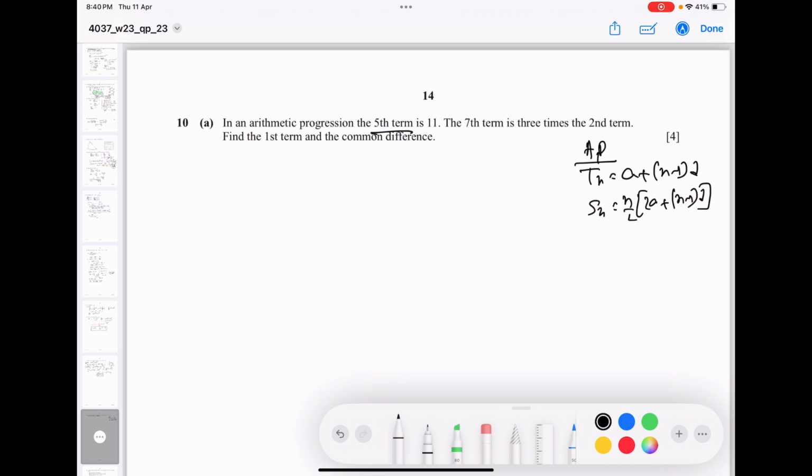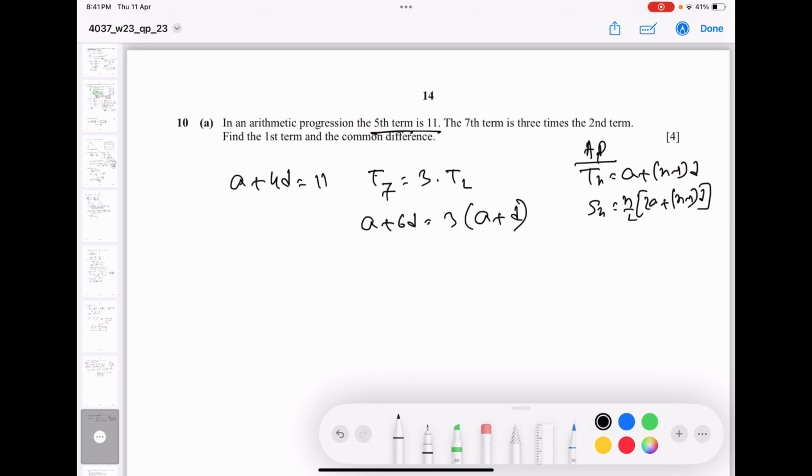Fifth term: a plus 4d equals 11. And it is given that the seventh term, T7, is 3 times the second term. So the seventh term we can write as a plus 6d, and 3 times a plus 2 minus 1 times d.